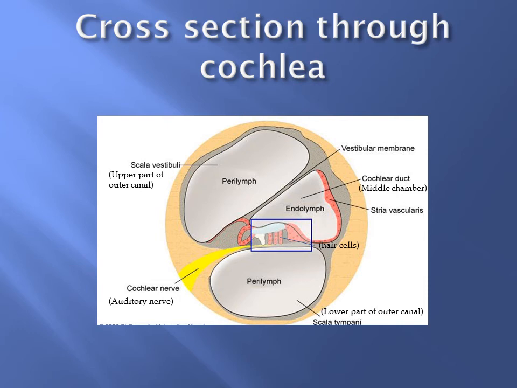So the brain determines the frequency or the pitch of sound by detecting which hair cells are being stimulated, and those nearest the oval window are sensitive to high frequency sounds, while those nearest the round window are sensitive to lower frequency sounds.